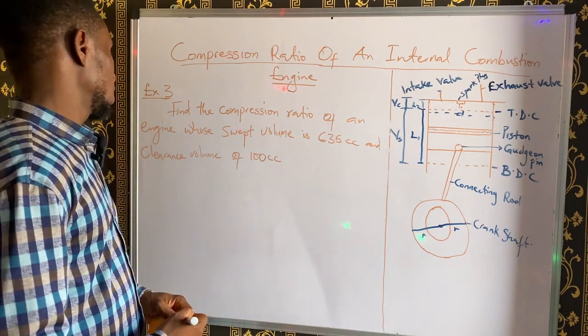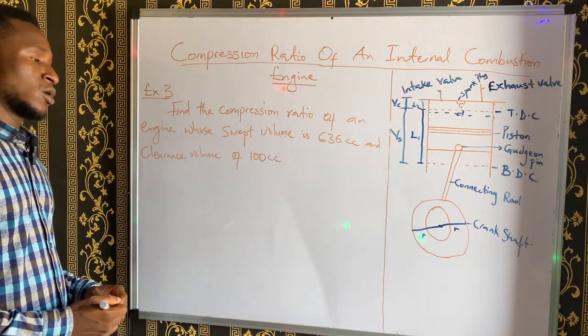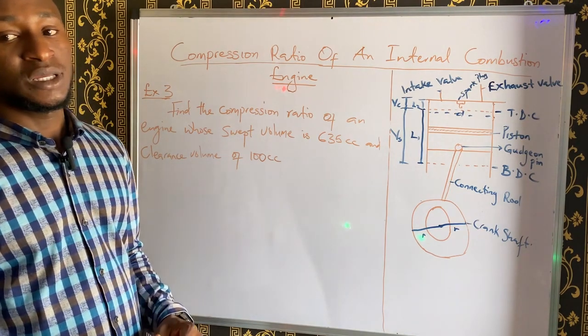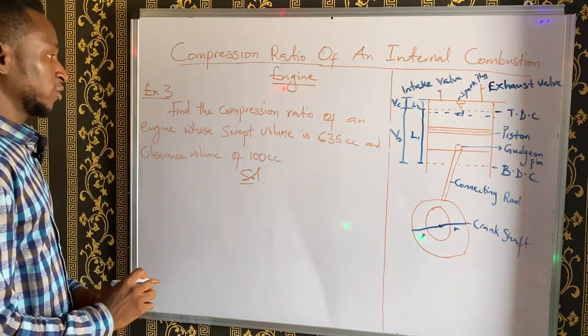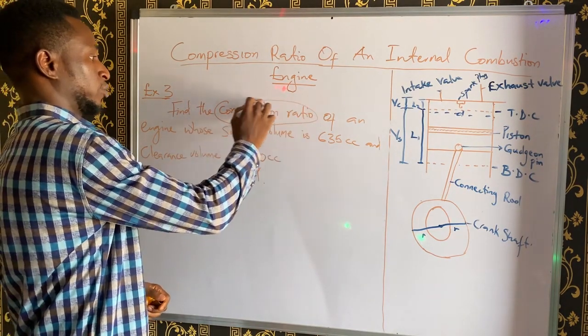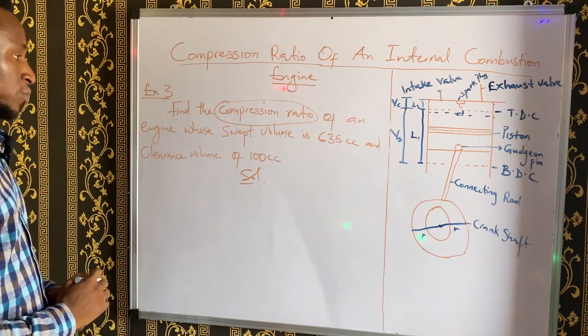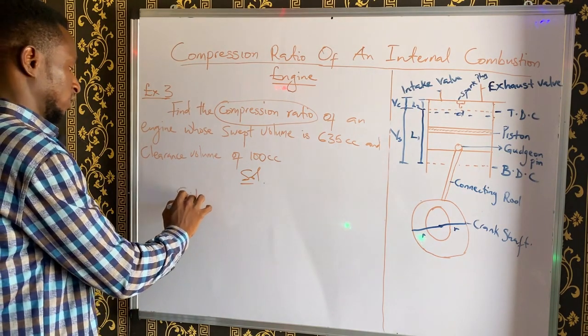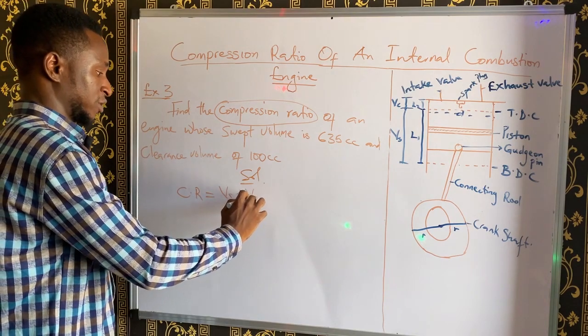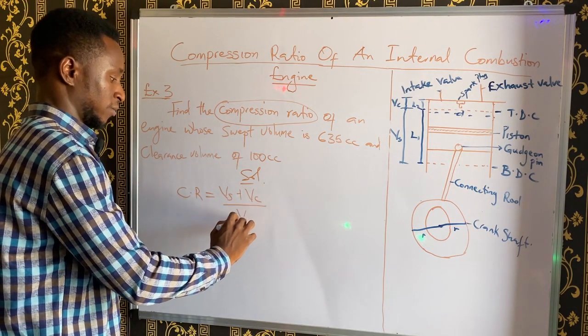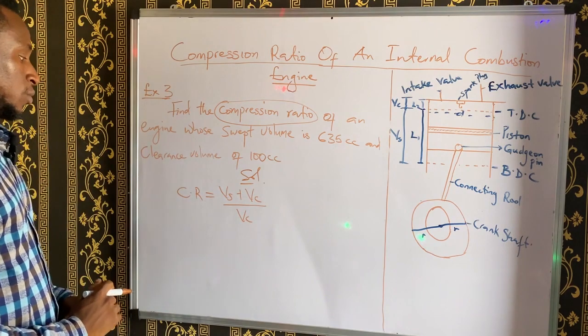And lastly, example 3 says find the compression ratio of an engine whose swept volume is 635 cubic centimeters and clearance volume of 100 cubic centimeters. So we'll go for our solution now. What we are looking for is the compression ratio, and compression ratio says CR equals swept volume plus clearance volume, all over clearance volume.